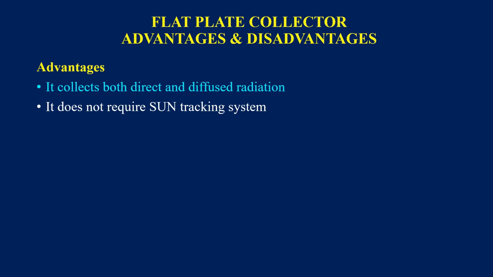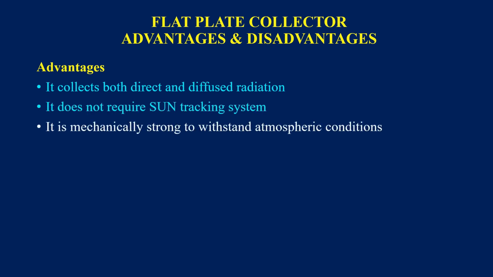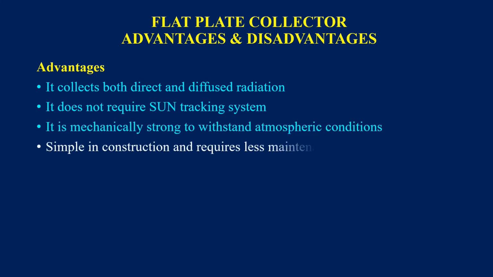As they are collecting both radiations, they can be placed in a horizontal position, so they need not track the sun. Third, as it is placed outside, it has to be made mechanically strong to withstand any atmospheric conditions. And the last one, it is simple in construction and requires less maintenance.